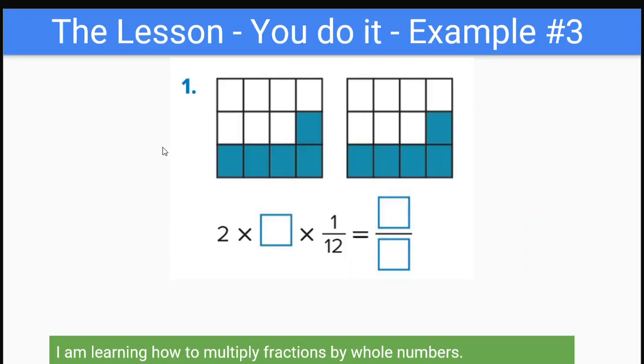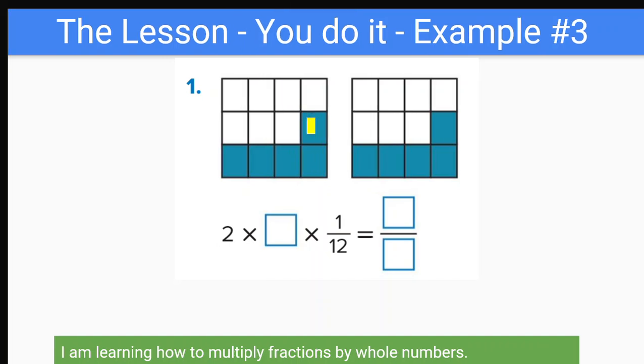Okay, here it is again. Here's the last one we're going to do. It's 2 times something times 1/12. Okay, let's figure out this one. In each one of these pictures right here, this is twelfths and this is twelfths over here. It's divided up into twelfths. Well, how many do we have in each one? We have 1, 2, 3, 4, 5. And over here we have 1, 2, 3, 4, 5. Okay, so each one of those is really 5/12.